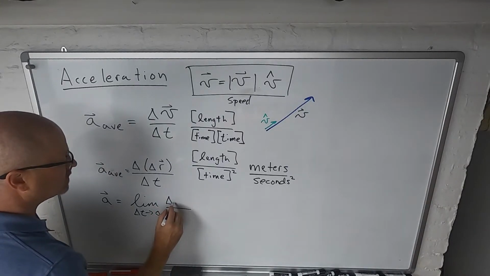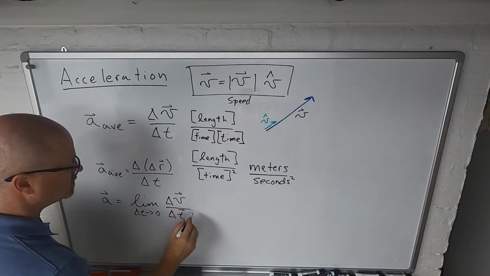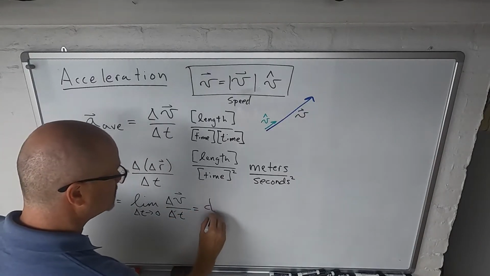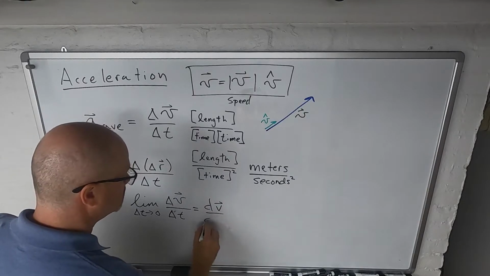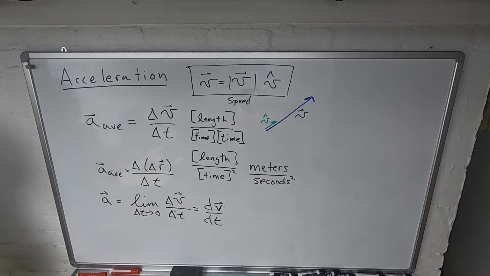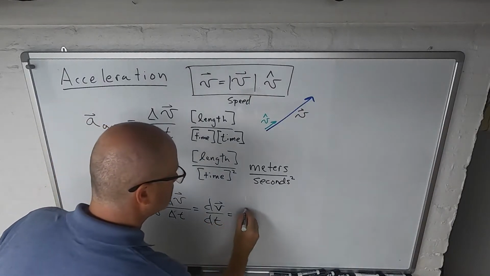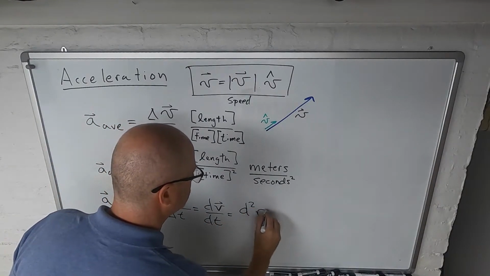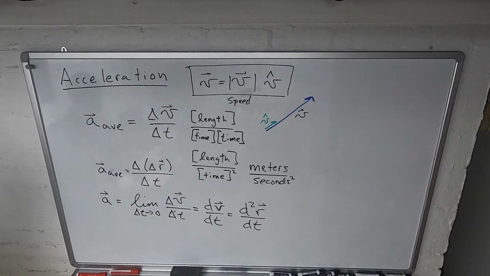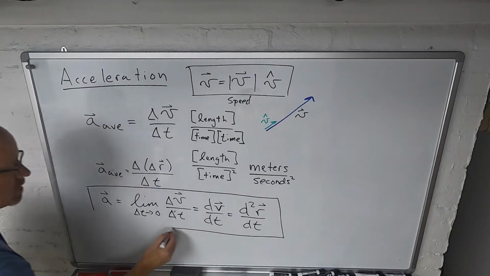This is now delta v over delta t. Oops, that is a vector, which is equal to dv dt. And if I think about it as two deltas for r, now I have a second derivative of r with respect to t. So these things are all the same. And this is how we define acceleration.